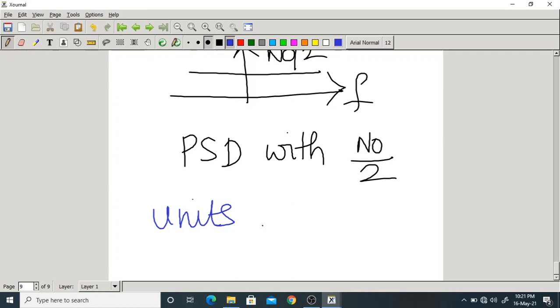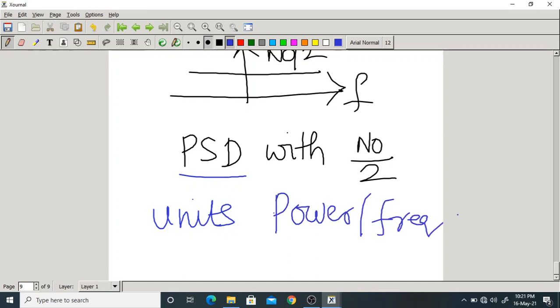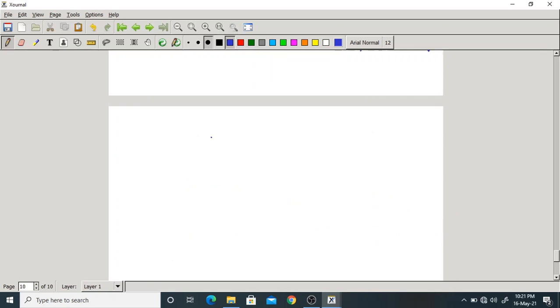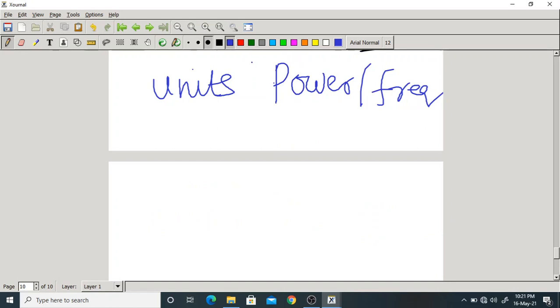So what are the units of this? What would be the units of PSD? Power per frequency. Power spectral density means power per unit frequency. Obviously, power means watt, frequency means hertz. So the units would be watt per hertz.